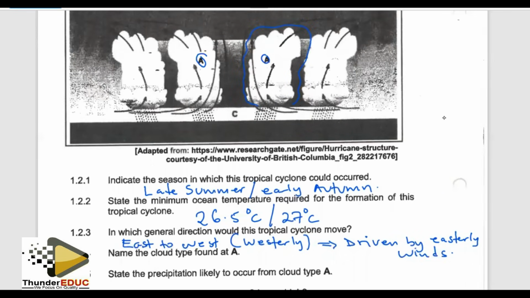We know clouds are categorized into different types. We have the cirrus, we have the nimbus, and all that. However, the huge and tall clouds are referred to as the cumulonimbus clouds. Cumulonimbus. Okay.